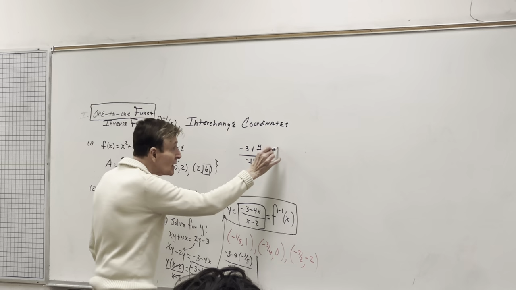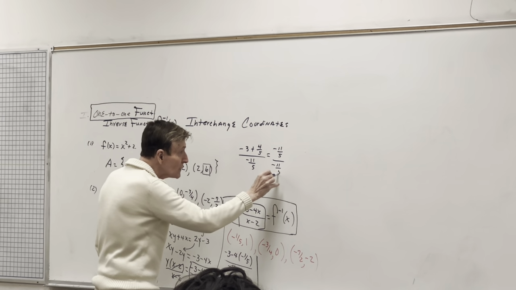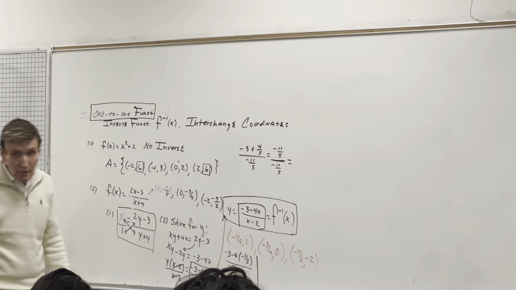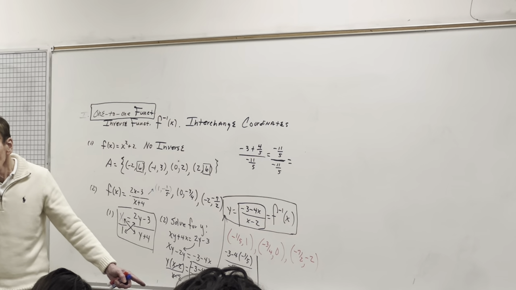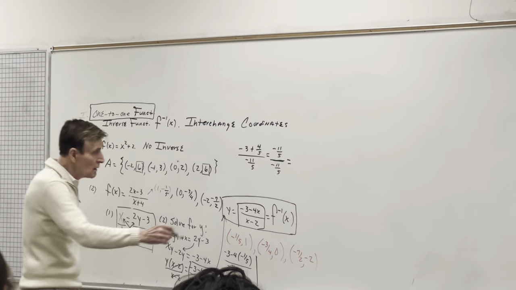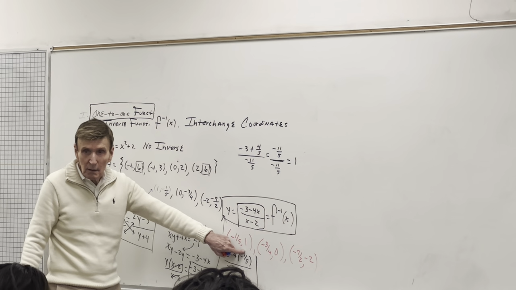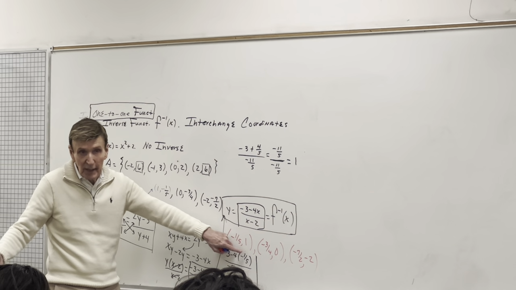So negative 11 over 5, over a negative 11 over 5. I made no mistake. A number over itself is 1. Is that what we got here? It takes a little time to get it, but it does check.